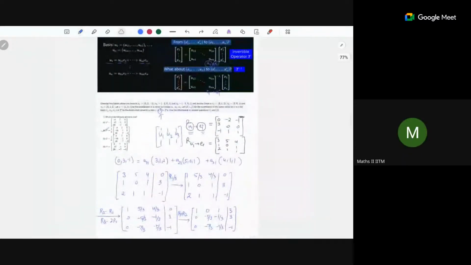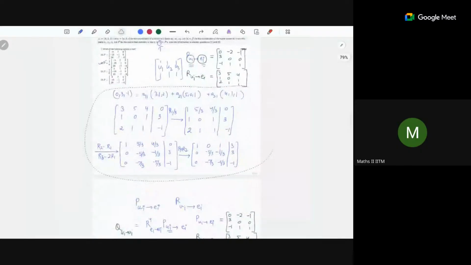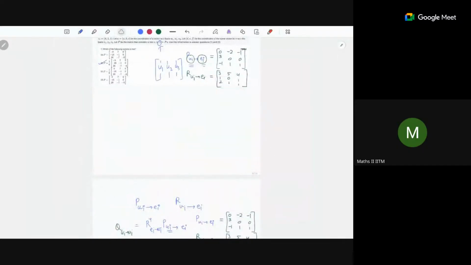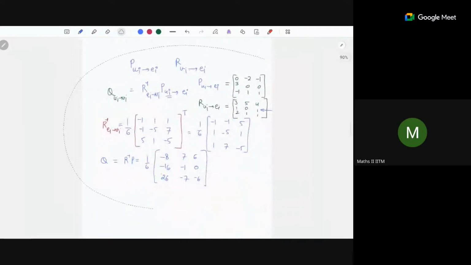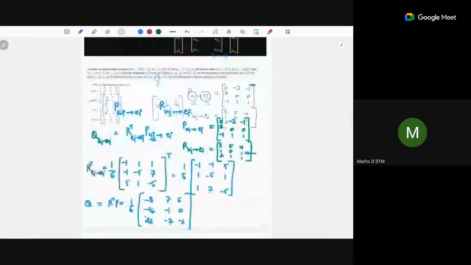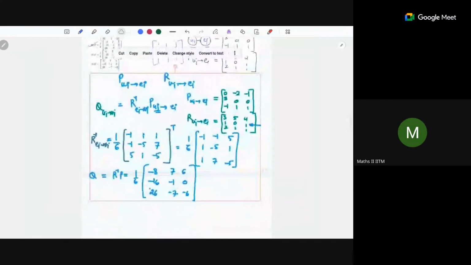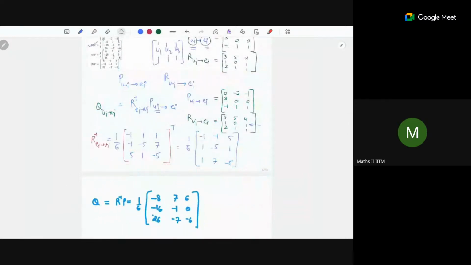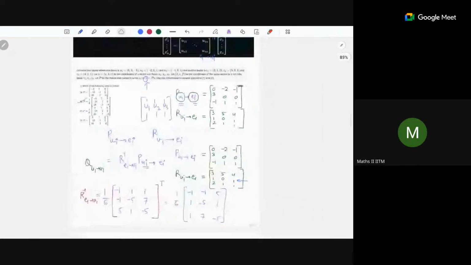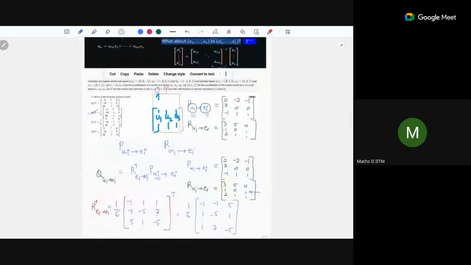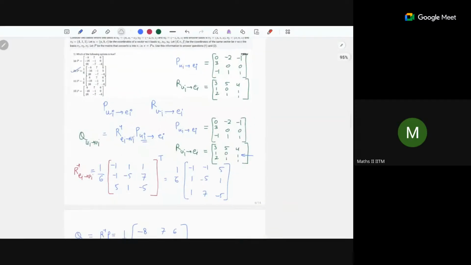Just a second. Yes. So yeah, this is the formula.